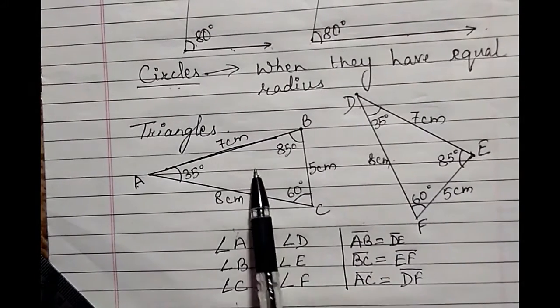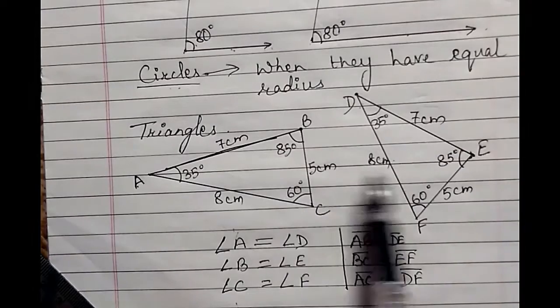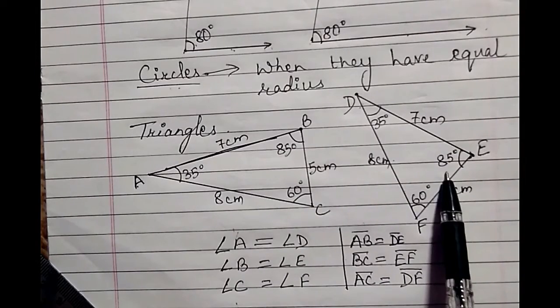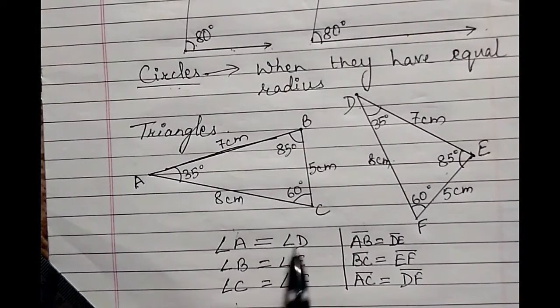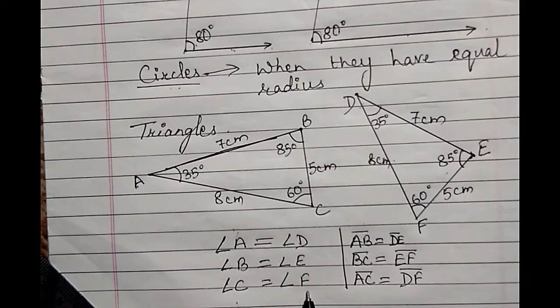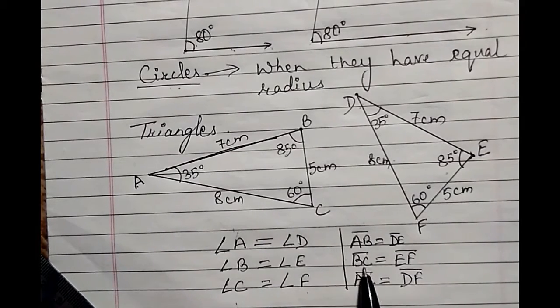Now, when we are observing the congruency between these two triangles, we see these angles are equal and these line segments are equal.